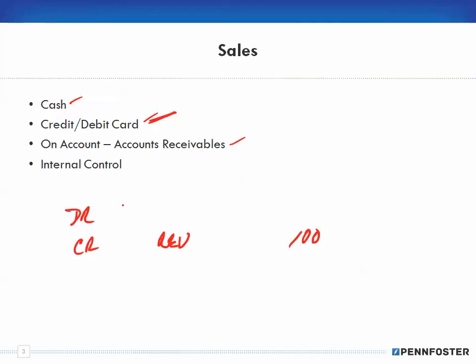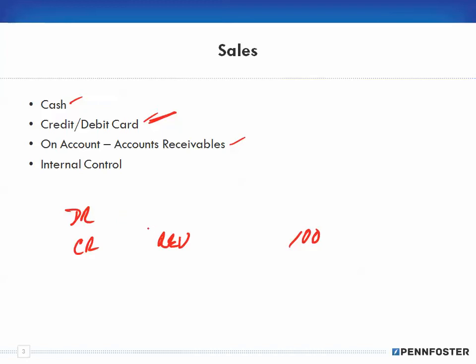Yeah, you run it through the machine, and the machine says the bank is going to accept that as payment, but you haven't actually received that money yet.